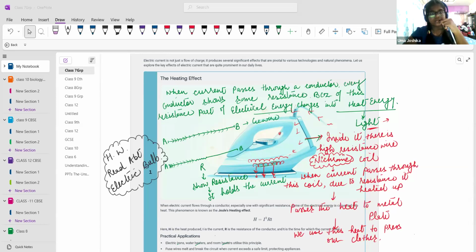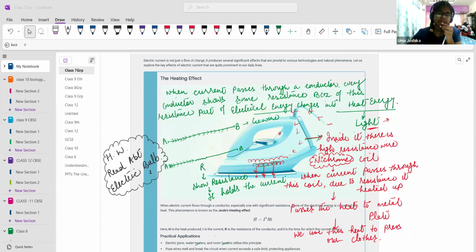It controls the flow of current. See how your iron is getting heated. It is getting heated because of the electricity. When there is more electricity, there is more heat. When there is less electricity, there is less heat. Okay, so the knob is measuring the flow of electric current.